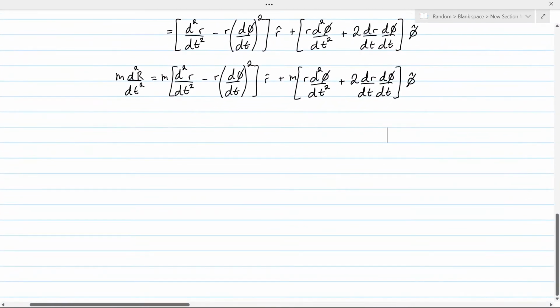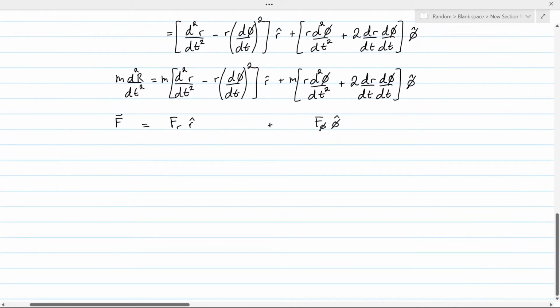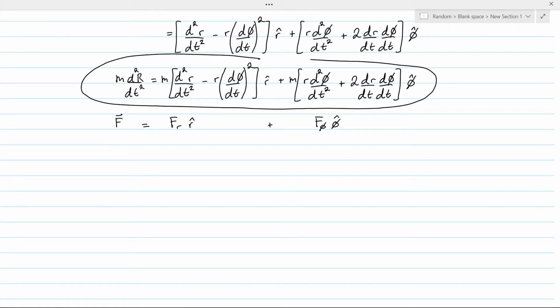Because then we have a force vector, and now this is my F r hat plus F phi. And there we go. This result here is Newton's law in polar coordinates.